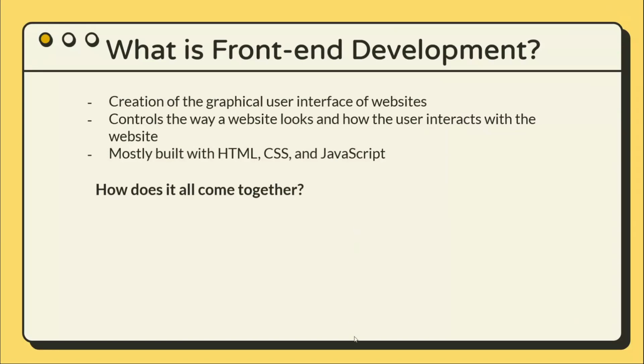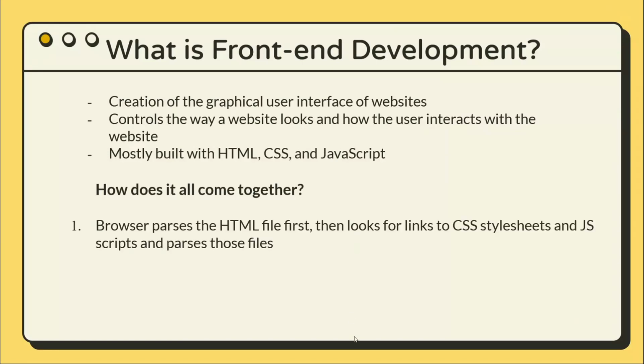And how does it all come together? So first, once the browser requests the website, the browser first parses the HTML file, which contains the content for the website, such as the text, any images, stuff like that.